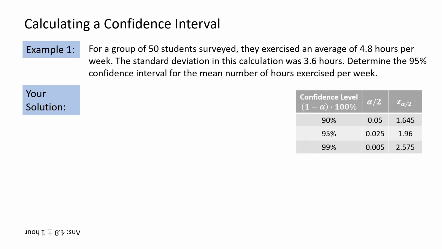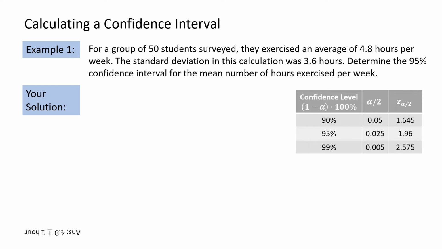For a group of 50 students surveyed, they exercised an average of 4.8 hours per week. Standard deviation in this calculation was 3.6 hours. Determine the 95% confidence interval for the mean number of hours exercised per week.